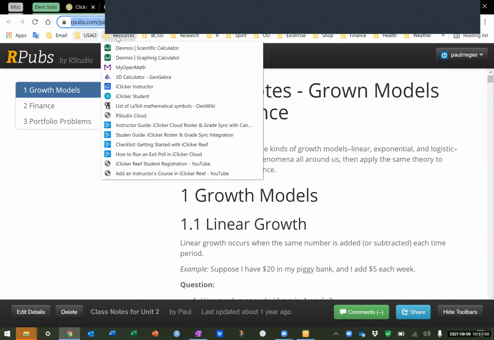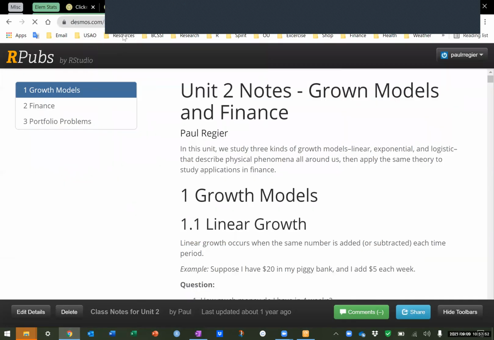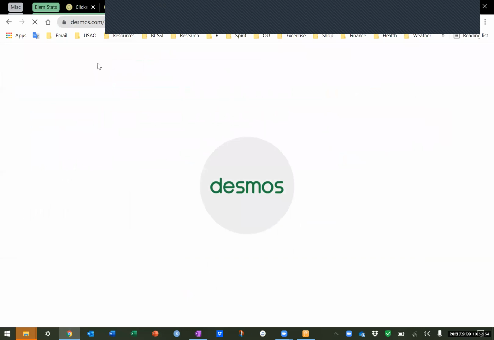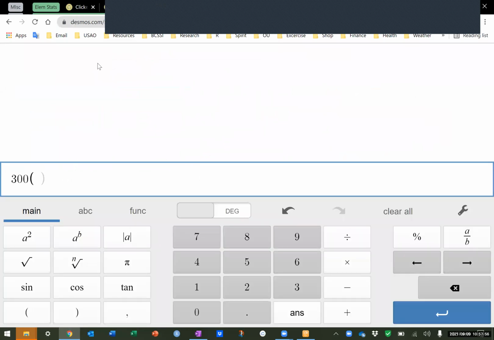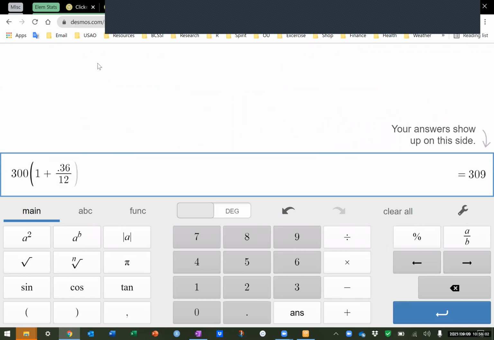Let's do that in Desmos, just so you can see again what Desmos looks like. So 300 is an additional value, times 1 plus 0.36 divided by 12. Notice that number, 309, was how much you got after 1 month. But now we're no longer multiplying times 12; we're doing an exponent of 12.